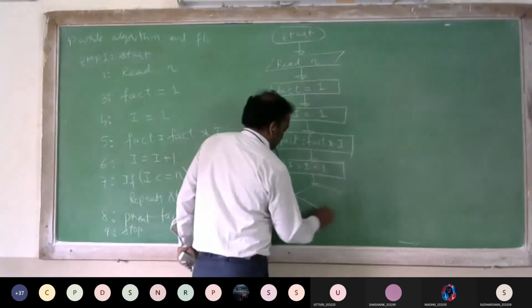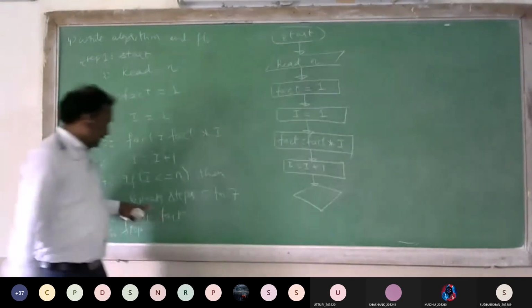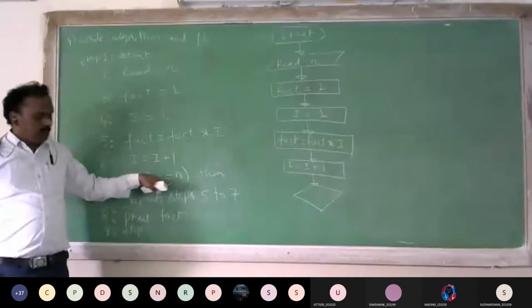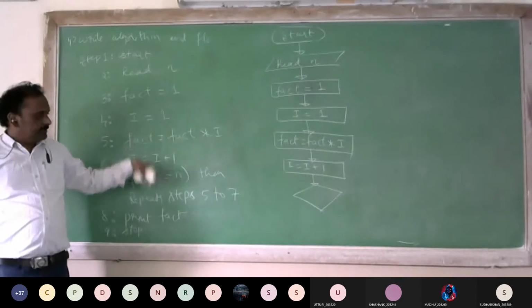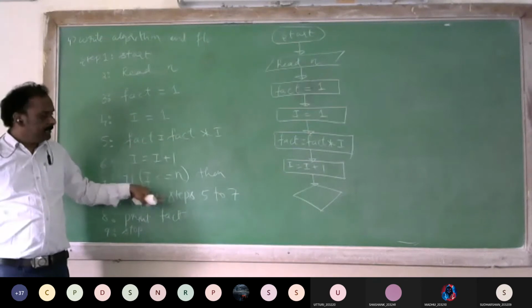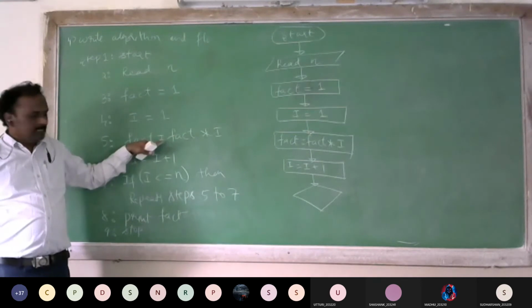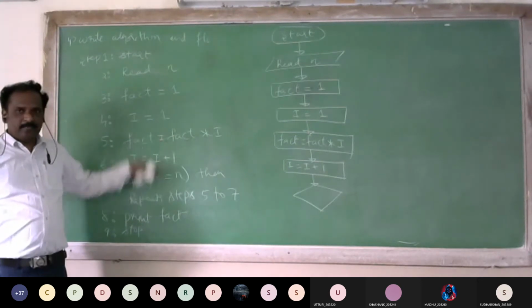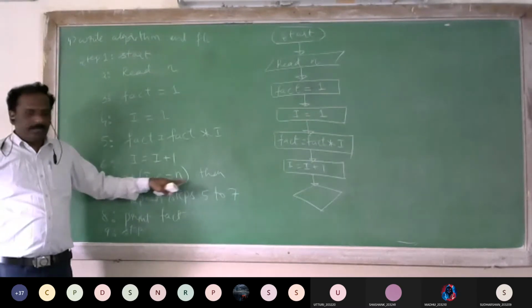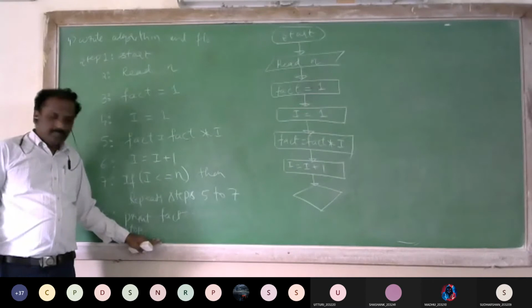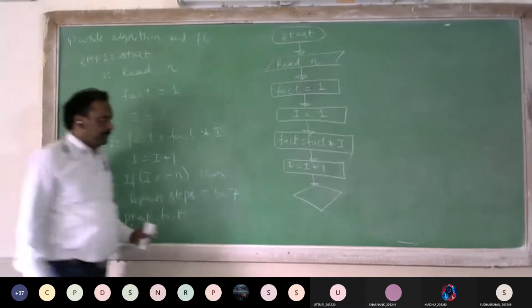Now we have to test the condition. If it is less than or equal to, again find the product of the number, calculate the factorial, increase the number, check the condition. You repeat this process until I is less than or equal to n. When I becomes greater than n, come outside and print the factorial value.